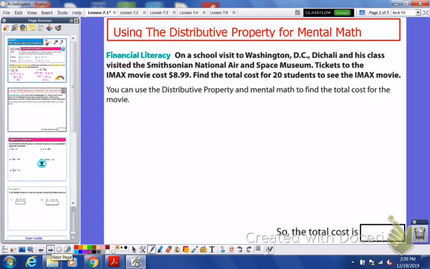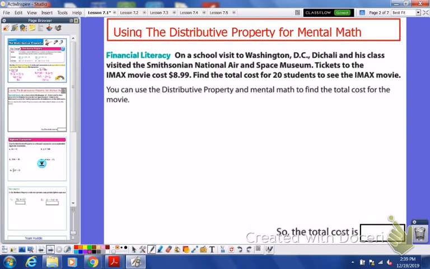So if we use that idea for mental math: on a school visit to Washington, D.C., Charlie and his class visited the Smithsonian National Air and Space Museum. Tickets to the IMAX movie cost $8.99. Find the total cost for 20 students to see the IMAX movie. We could use the distributive property in mental math to find the total cost of the movie.